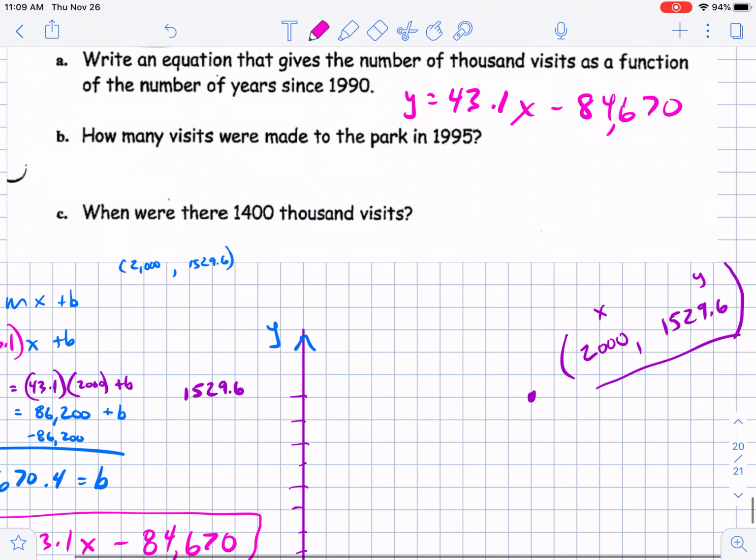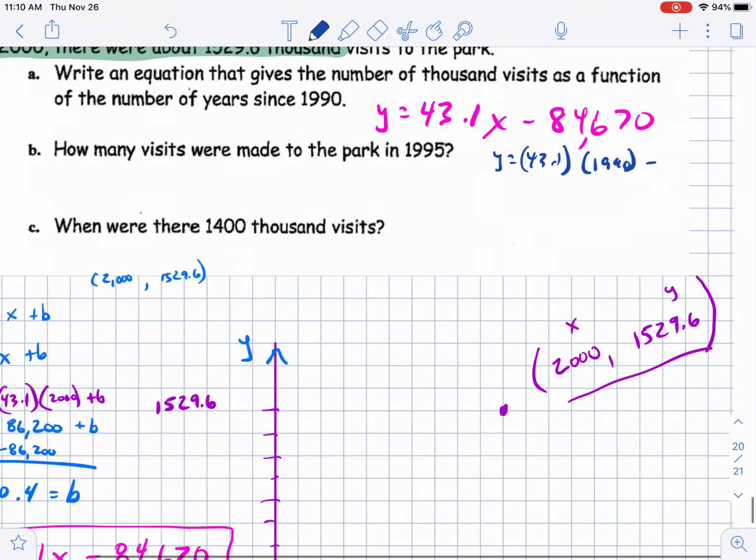And now, if I plug in 1990, if we're curious, I get 1990 times 43.1. Just if I'm messing around here for fun, minus 84,670. y equals 85,769 minus 84,670.